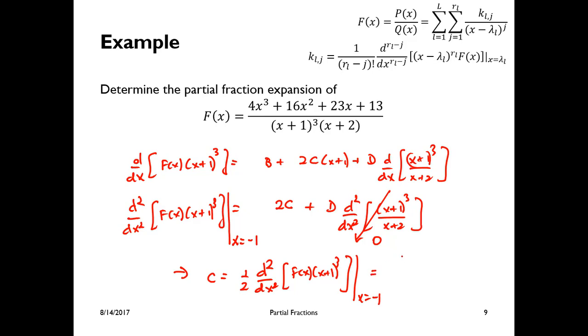And so this is going to be 8x to the 4 plus 64x cubed plus 192x squared plus 254x plus 124 all divided by x plus 2 all cubed, and I evaluate this for x equal to minus 1, and when I do that, this gives me C is equal to 6.